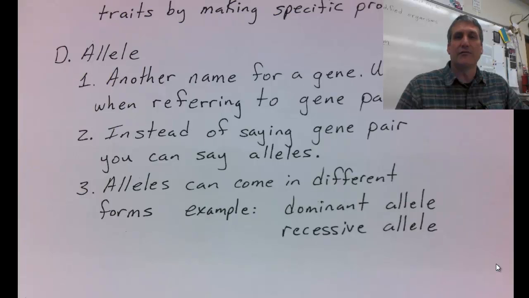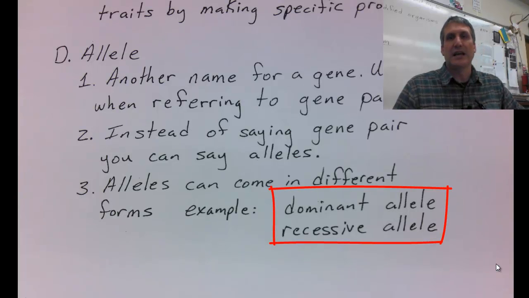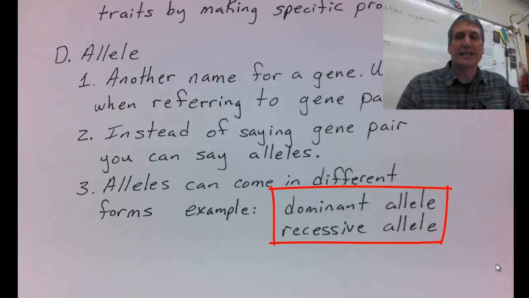Alleles come in different forms. For example, you can have dominant alleles or recessive alleles, and there's many other relationships between genes. But just keep in mind that genes come in pairs, but there can be many different types of a gene in a particular gene pool.